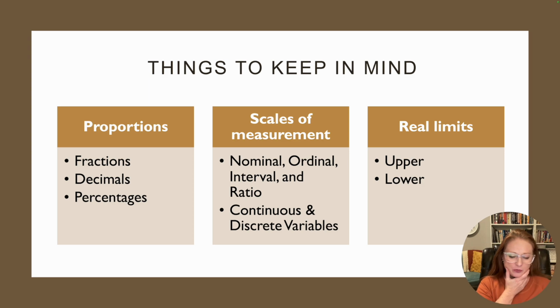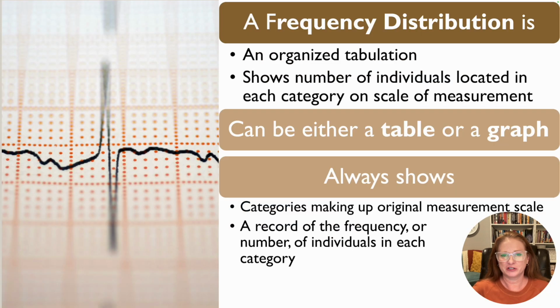Some of the concepts that we're going to introduce or kind of build on a lot more in this lecture is fractions, decimals, percentages, and then again interweaving how we build tables, not just for numbers, but also concepts that are more nominal and ordinal in nature.